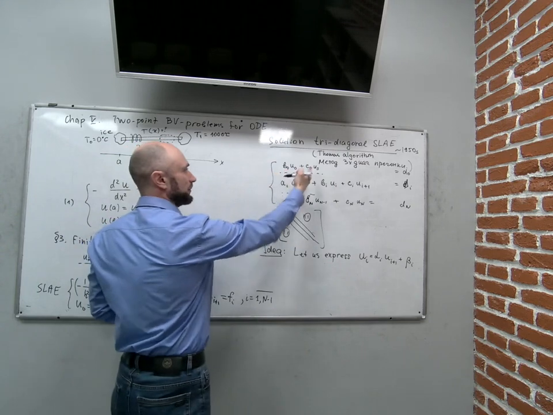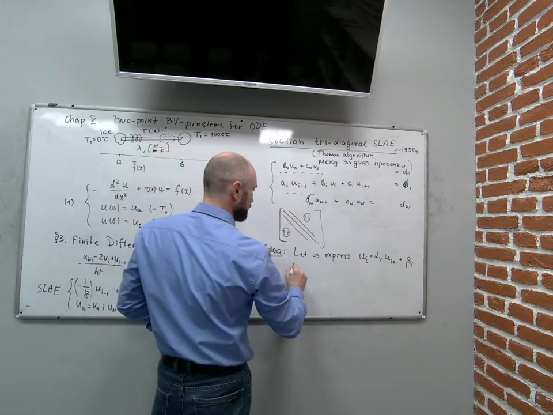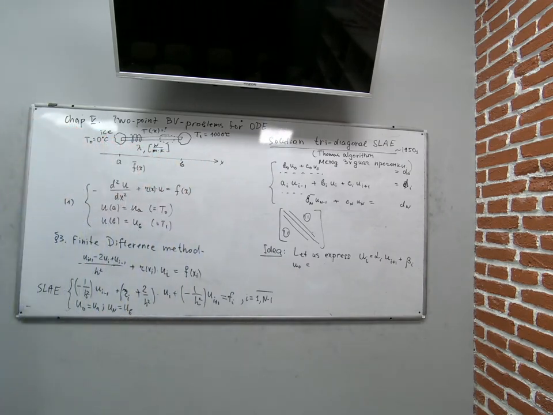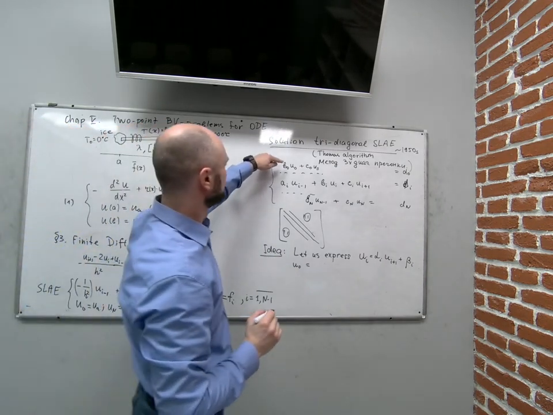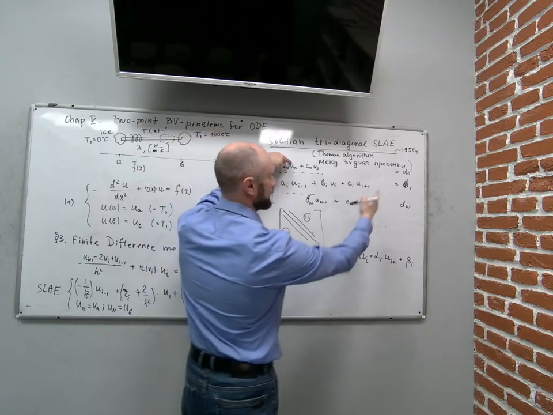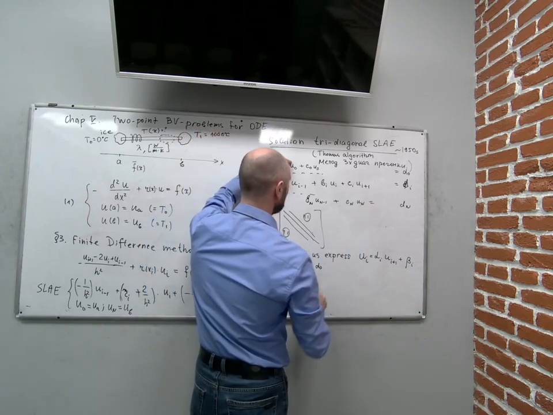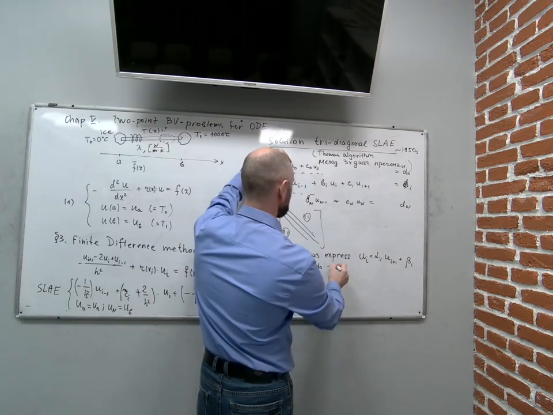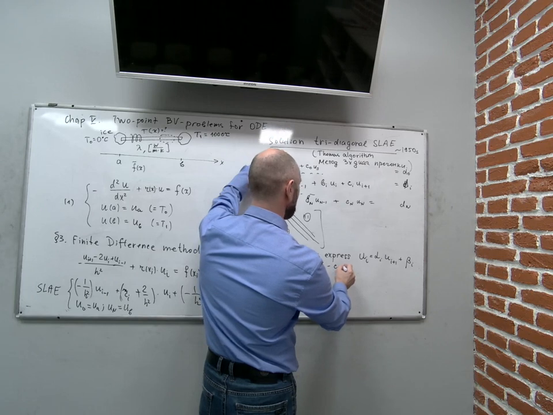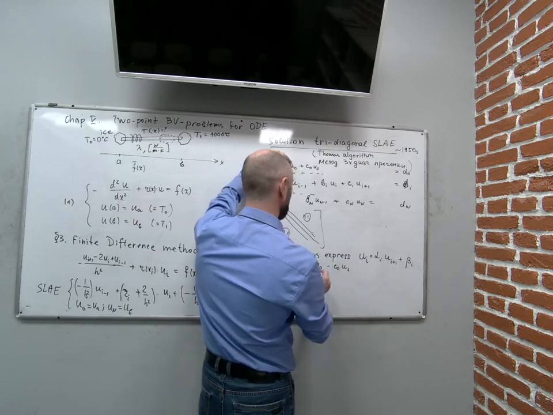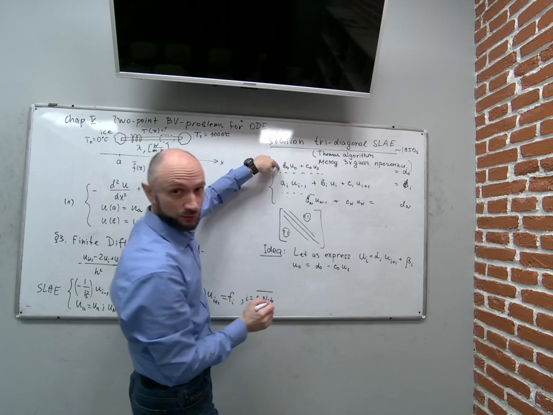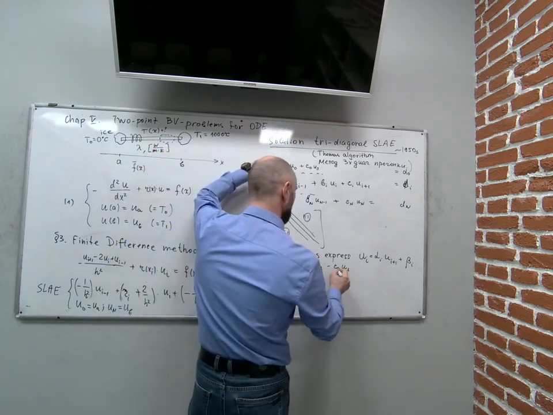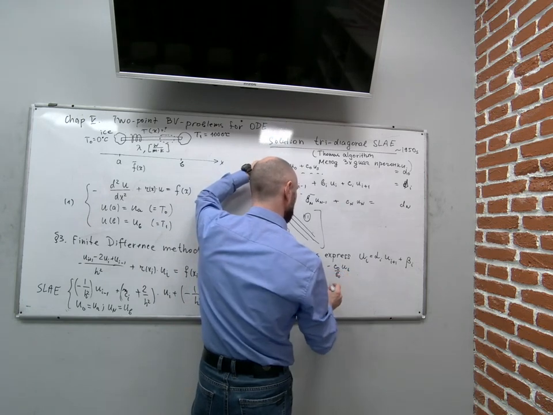So let's start from the beginning. u0, let's express it as a function of u1. So u0 is d0 minus c0 u1 divided by b0. d0 by b0, c0 by b0.